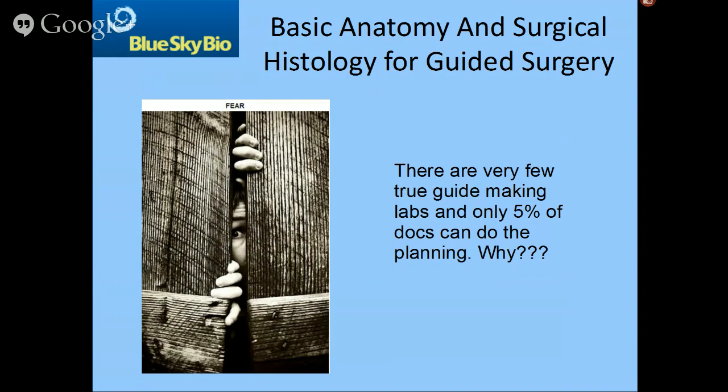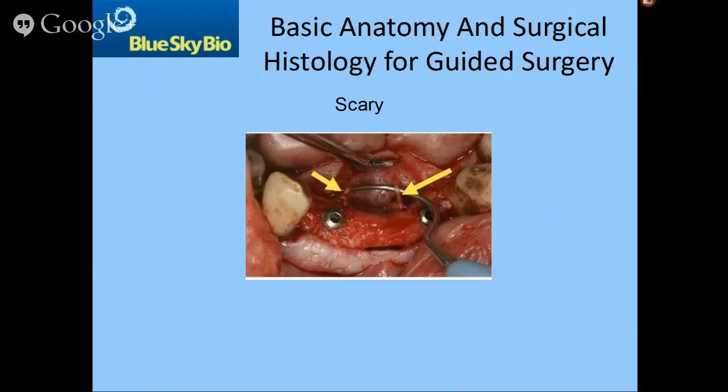There are very few true guide making labs. Most of them outsource it, and only about 5% of the docs actually do any planning. Forget about the number of guides that are made. So the question becomes, why? Well, part of the reason why laboratories and maybe some docs try to avoid planning or don't do guide planning or make guides is because of the actual guided surgery for a novice dental laboratory.